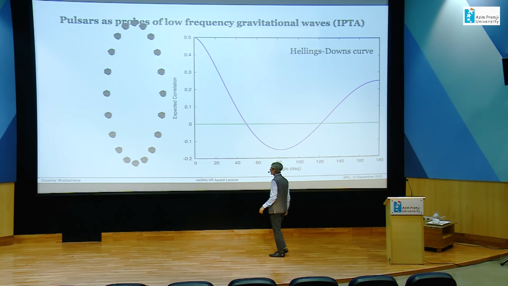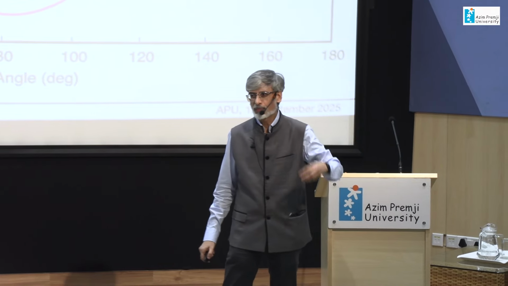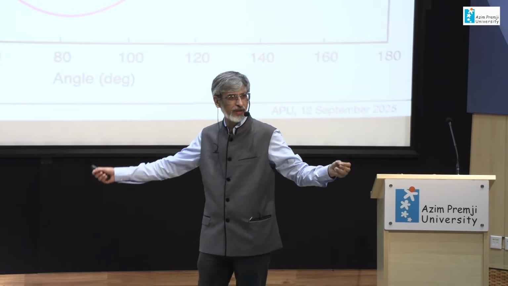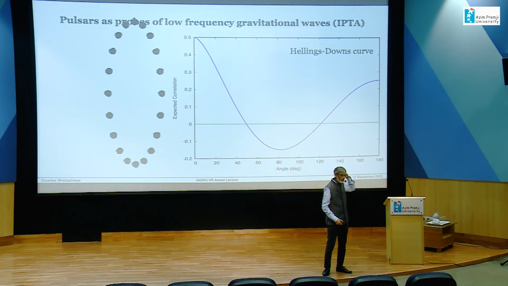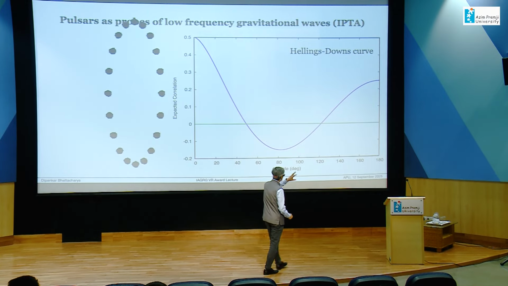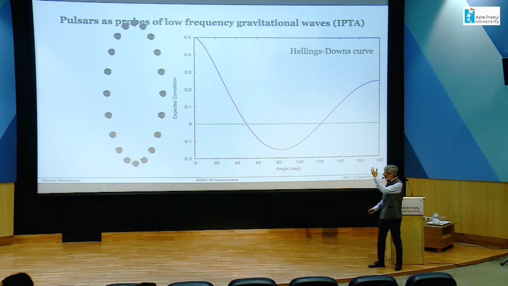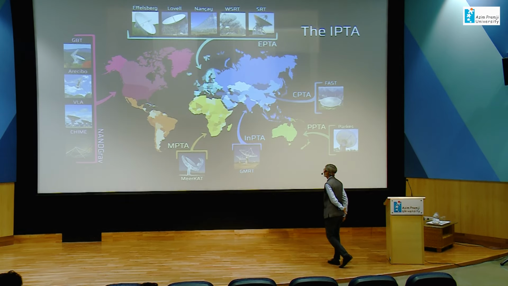Now what people are trying to do is to use pulsars as these test masses. If the pulsar comes close, the pulsar goes further away, pulsar timing is going to reveal that motion. And you can then construct from a whole bunch of pulsars around us this Hellings-Downs curve and then see if you can find it.